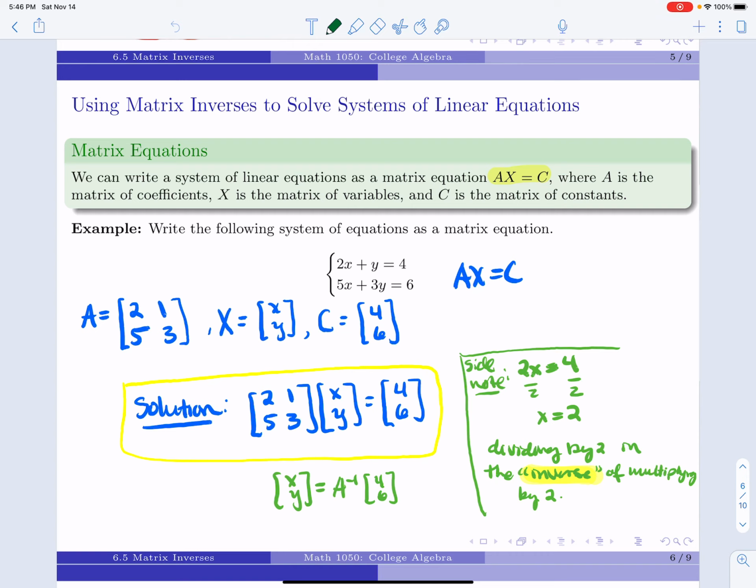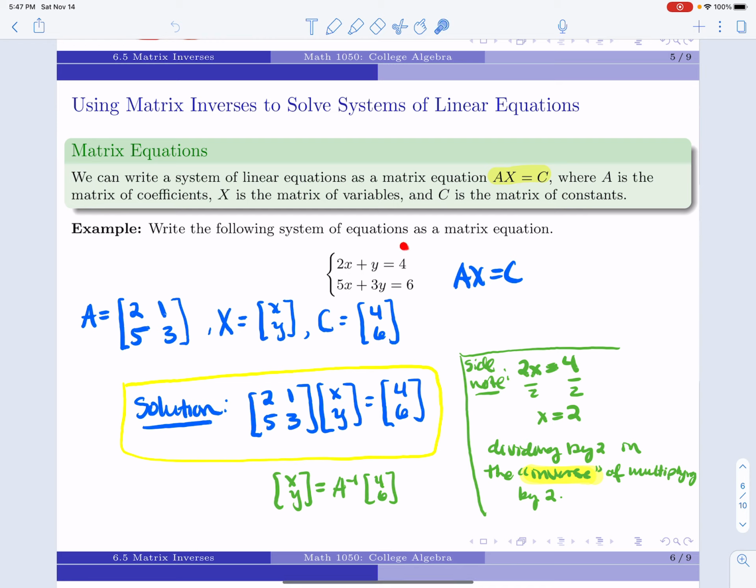Okay, so far in this lecture, we've talked about finding inverses of matrices, and most recently, we talked about setting up matrix equations. So now we're to the point where we can use our inverse matrices to solve systems of linear equations that we have converted into a matrix equation.